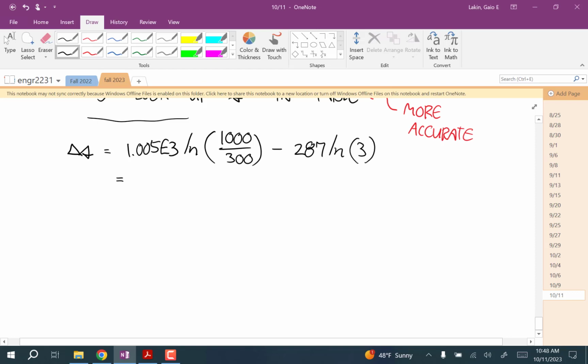And if you plug all this in, you get 894.7 joules per kilogram Kelvin.